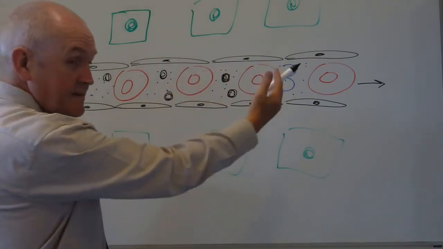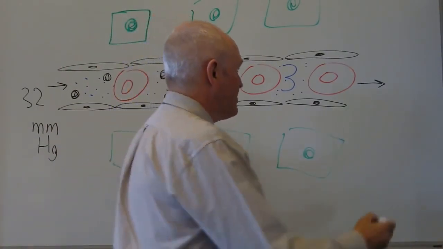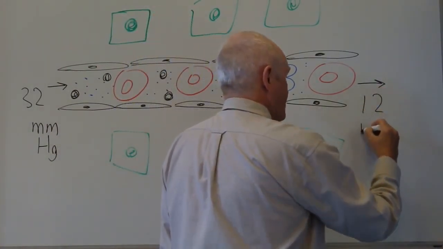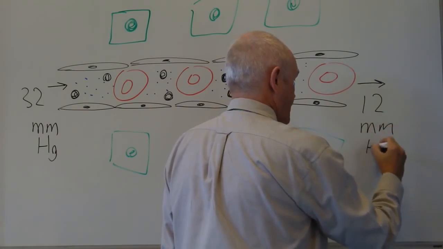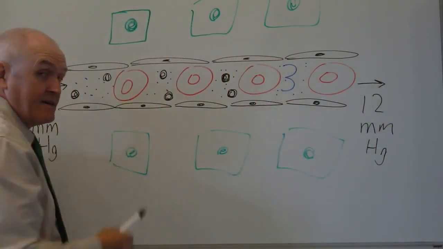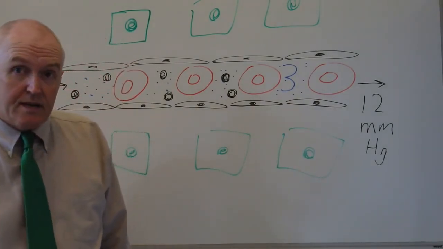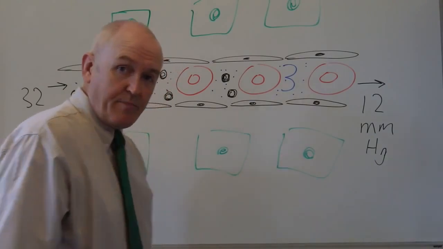By the time it leaves into the venule at the venous end of the capillary, that's dropped to about 12 millimetres of mercury. So we see that the hydrostatic pressure is going to be higher at the arterial end of the capillary compared to the venous end of the capillary.